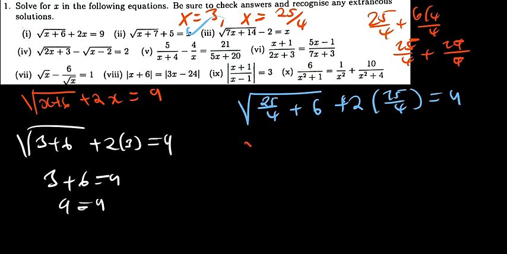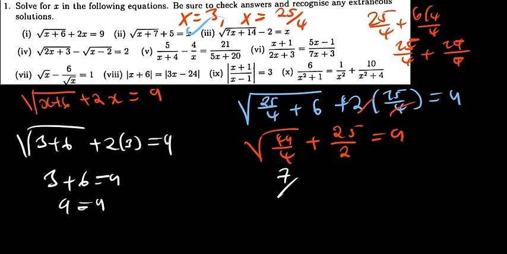Meaning in the square root, I've got 49 over 4 plus 2 times 25 over 4, this is going to give me 25 over 2, because 2 and 4, the 2 is going to go, so I'll remain with 2 there, is equal to 9. The square root of 49 is 7. The square root of 4 is 2, plus 25 over 2 is equal to 9.